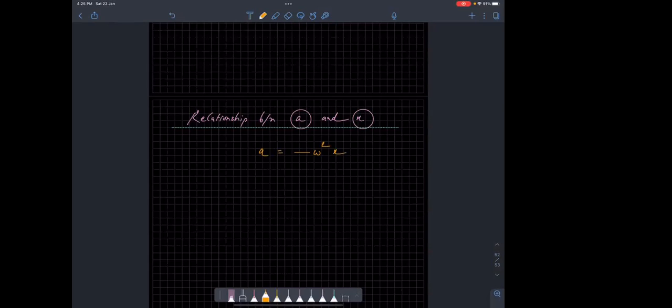Now, if values of a and x are given, you can find omega, right? Only one set of values is enough. Are you understanding?